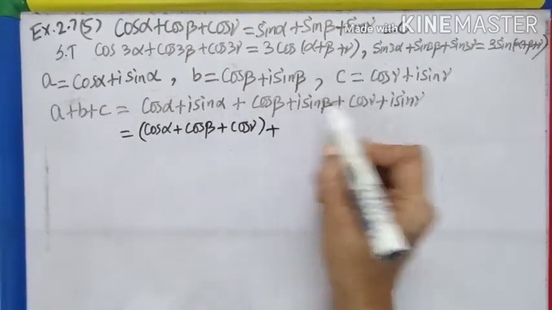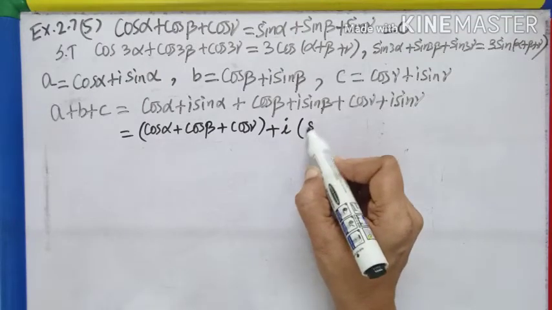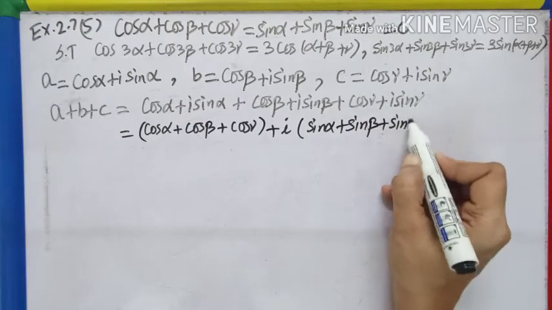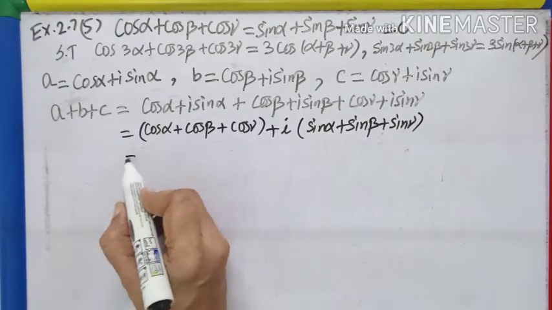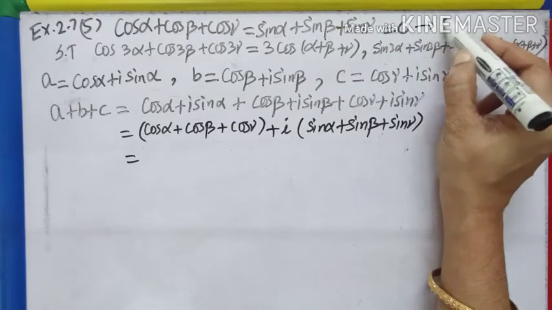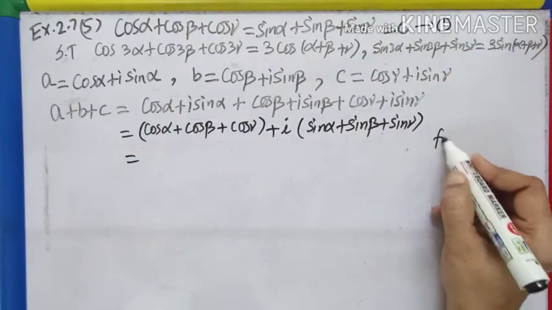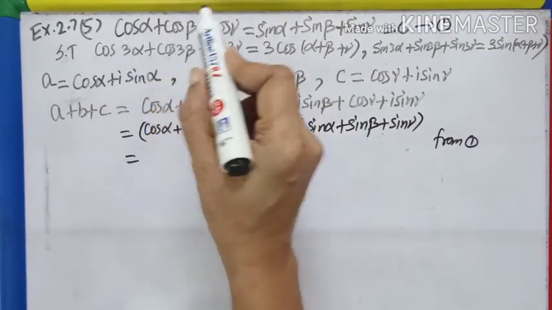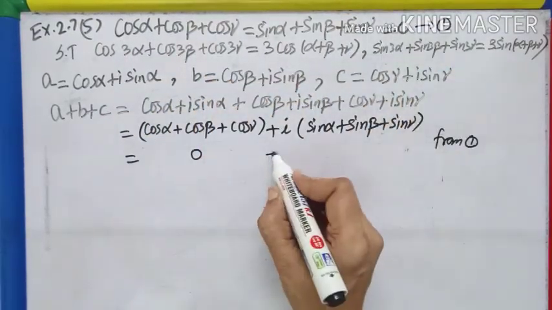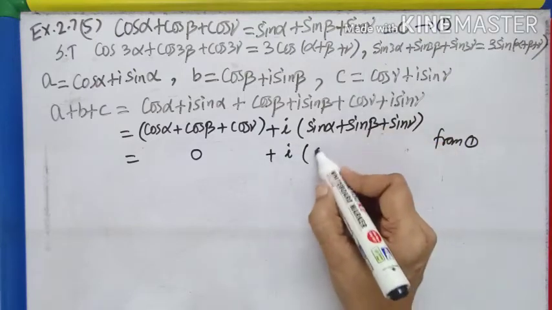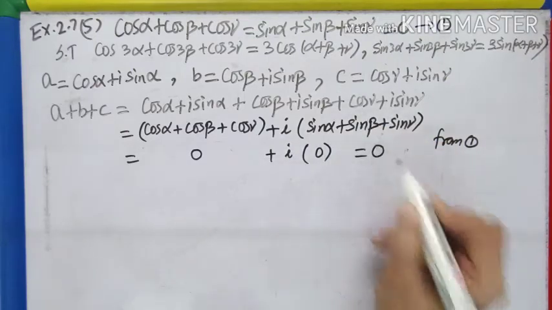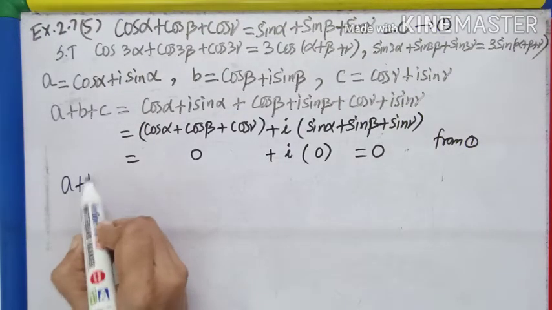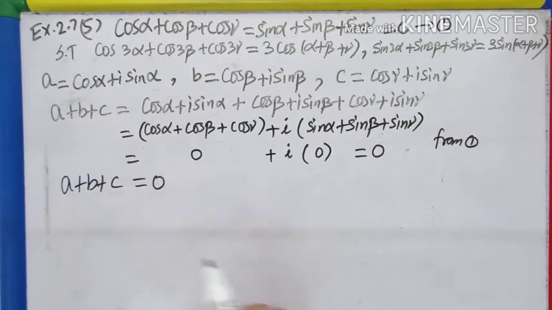Then all the imaginary together in which i is common: sin α + sin β + sin γ. Now look at the very first result given. Call this as number 1. So from 1, this is 0. cos α + cos β + cos γ = 0, plus i into this is also 0. So the entire thing equals what? 0. So I have proved A + B + C = 0.